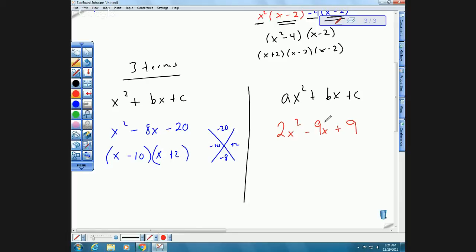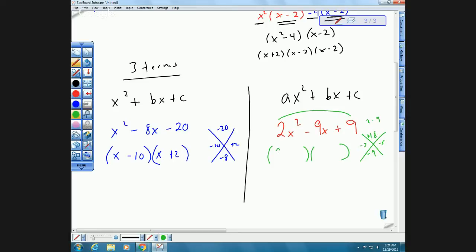Okay, I'll go back in that section for just a second. All right, so here you do 2 times 9, which would be 18. So it multiplies to be 18 and adds up to be -9. 3 and 6, so they both be negative, right?